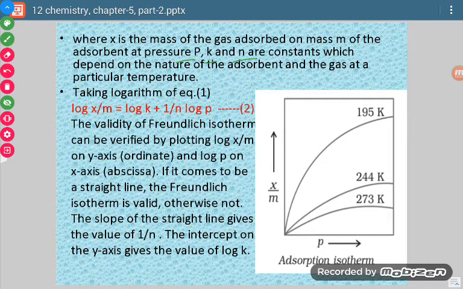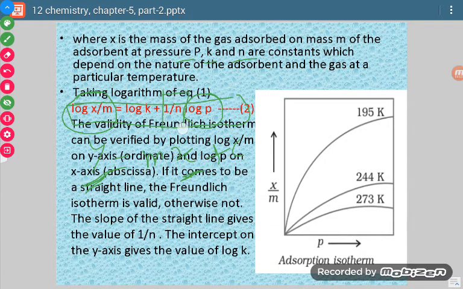Now if we take the logarithm of equation number 1, we get log x by m equal to log k plus 1 by n times log p. What does it mean? If we compare this equation with the equation of a straight line, y is equal to mx plus c, then we plot log x by m on the y-axis and log p on the x-axis.